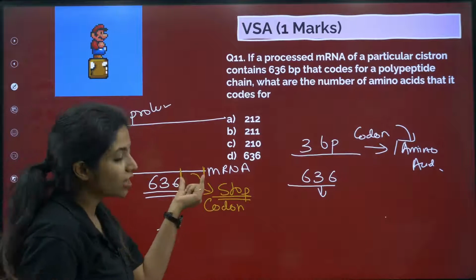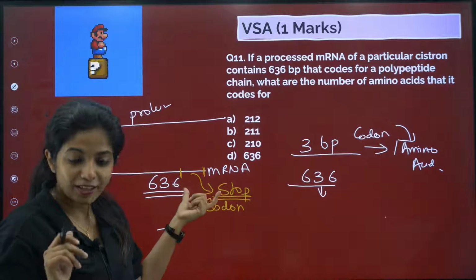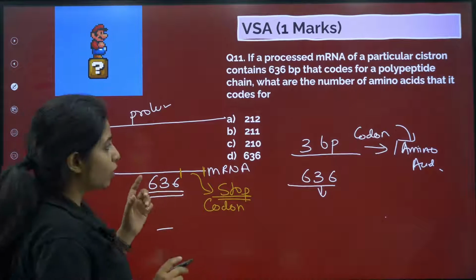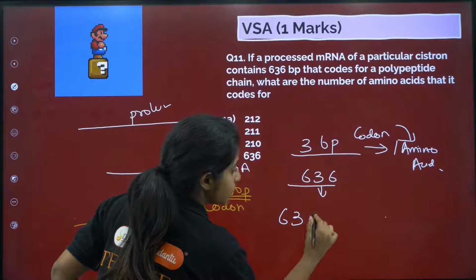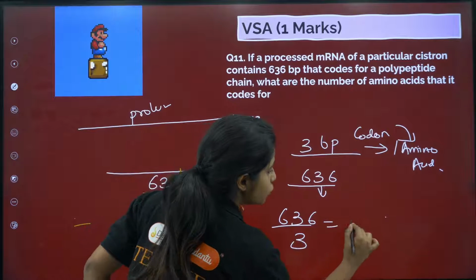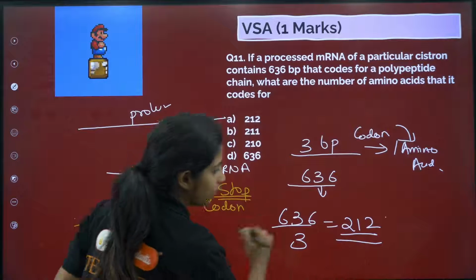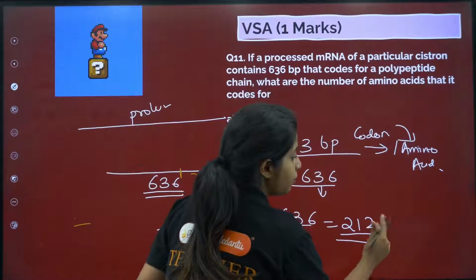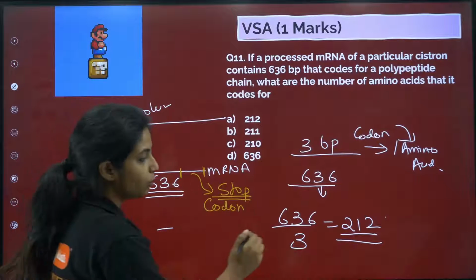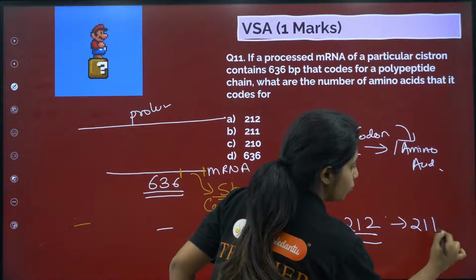So your 3 base pairs, or basically that codon, is waste. So if I calculate it like this, 636 divided by 3 is equal to 212. If I am removing one set of codon, one amino acid, what do I get? The answer will be 211.